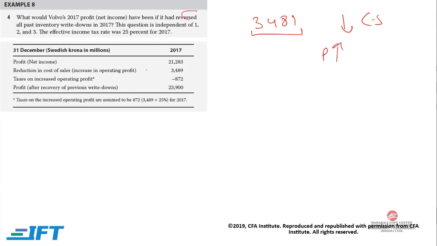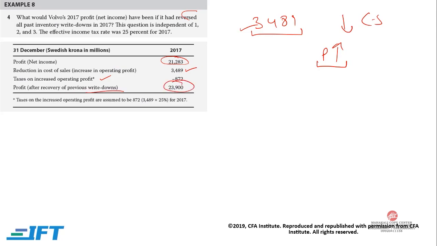So our profit is 21283. So if cost of sales goes down, our profit is going to increase by the valuation allowance, that is 3489. Because our profit is increasing by 3489, we need to pay higher taxes. So 3489 multiplied by 0.25 is going to give us 872, and this is our profit after recovering of previous write-downs.